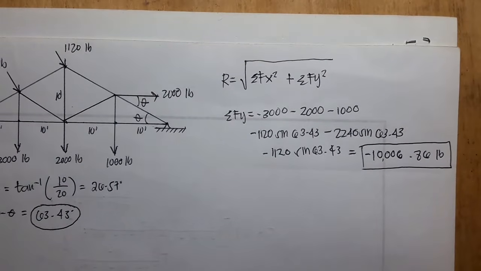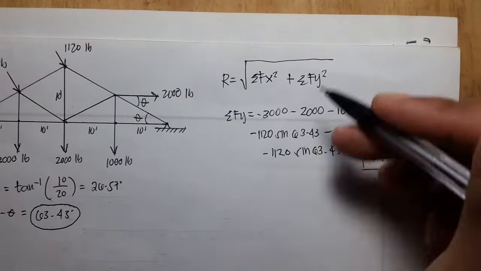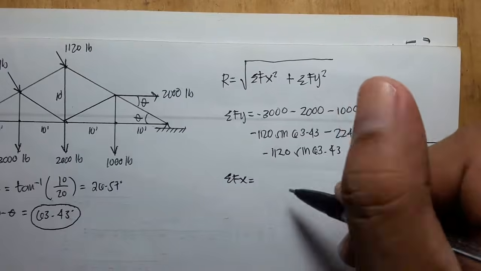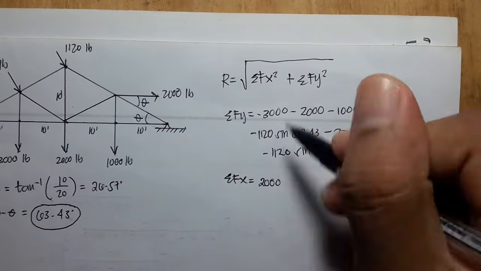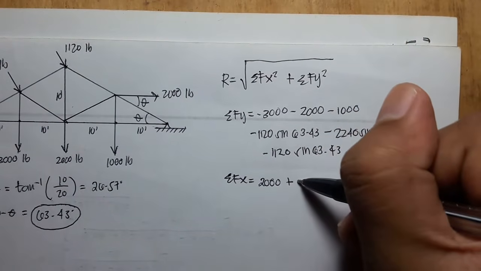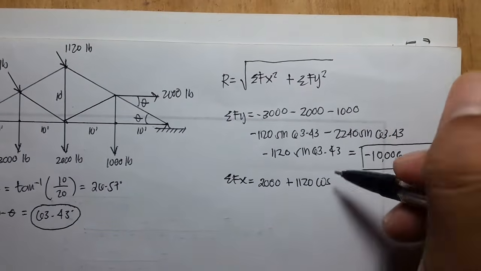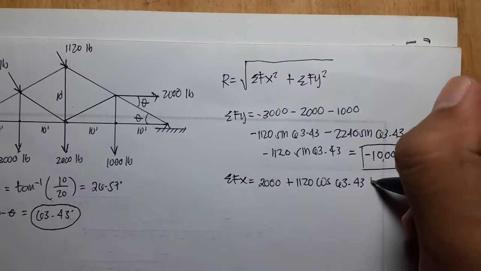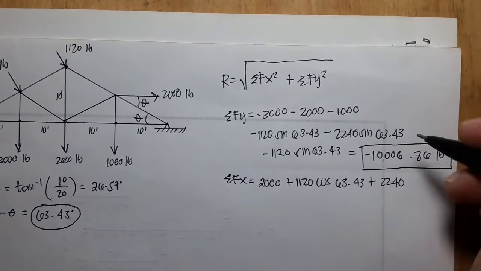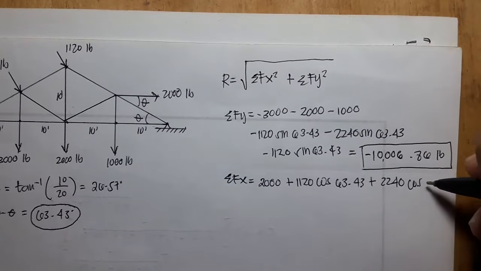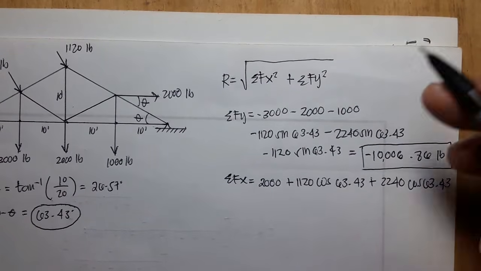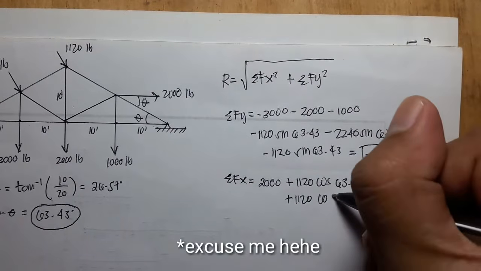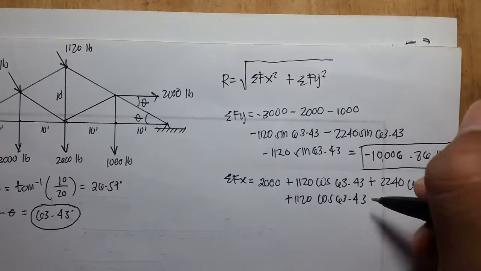Now the summation of forces x. Summation of forces x is equal to 2000 plus 1120 cosine of 63.43 plus 2240 cosine of 63.43 plus 1120 cosine of 63.43.